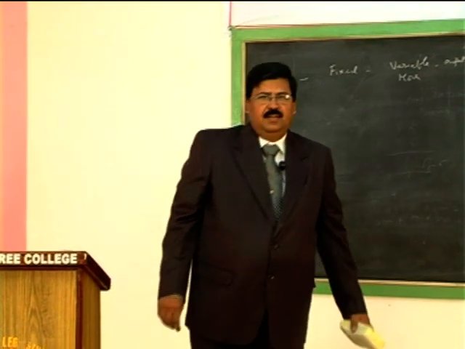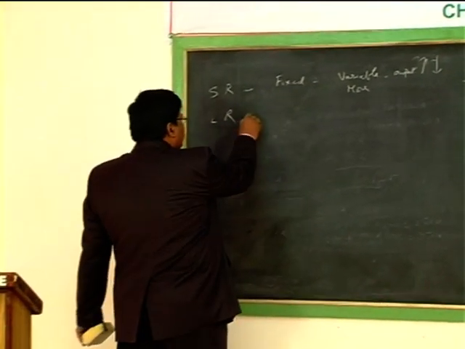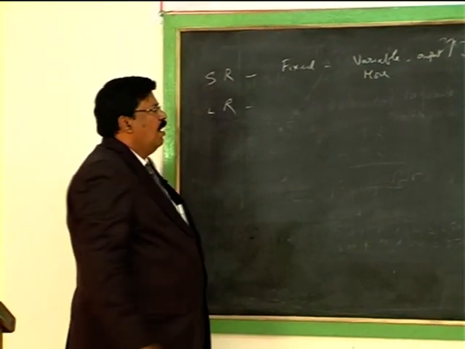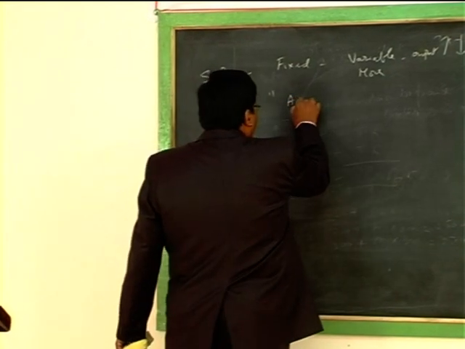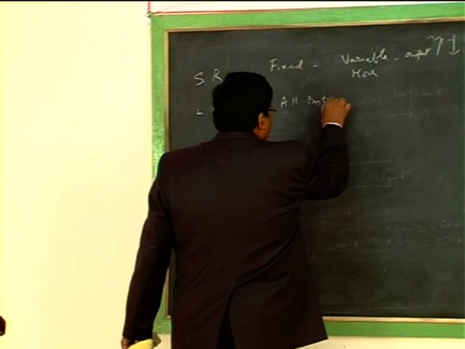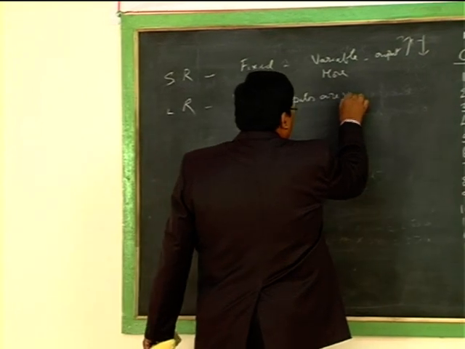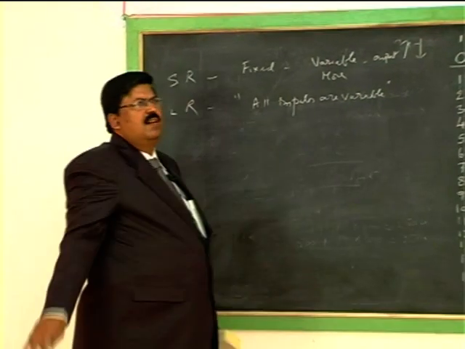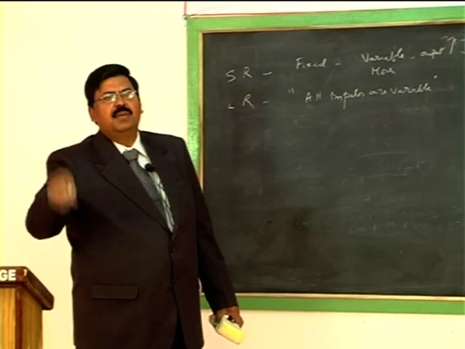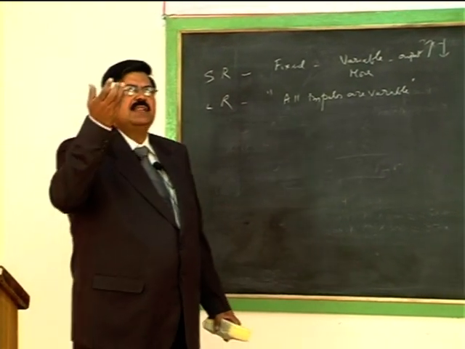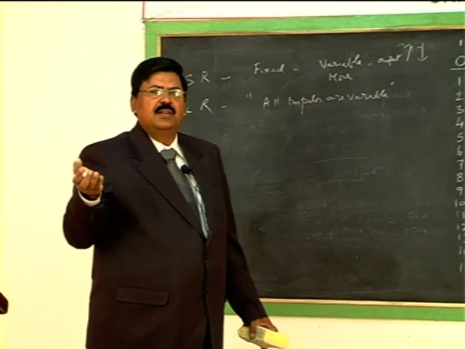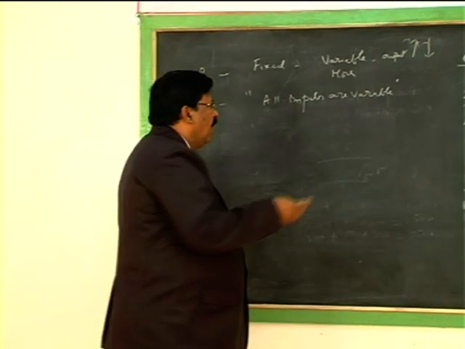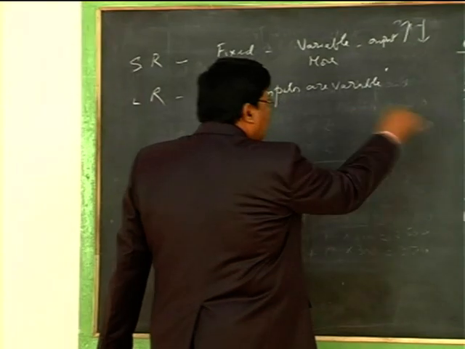And long run refers to that period of time during which all inputs are variable. There are no fixed inputs in the long run. That implies that output can be increased or decreased without any limitation. If desired, output can also be totally closed down.